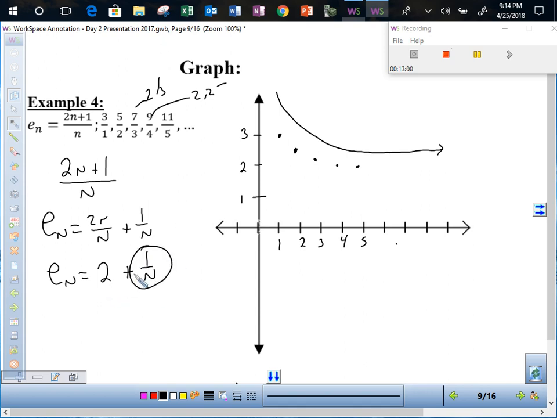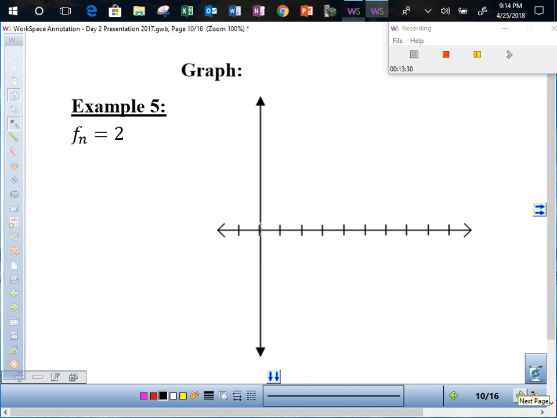So I have 2 plus 0. So the answer to this, the limit as n approaches infinity of e sub n, in this case is going to be 2. You will never ever go below 2 in this example. So what I did first is reduced it, and if you get a constant, that's going to be your answer.